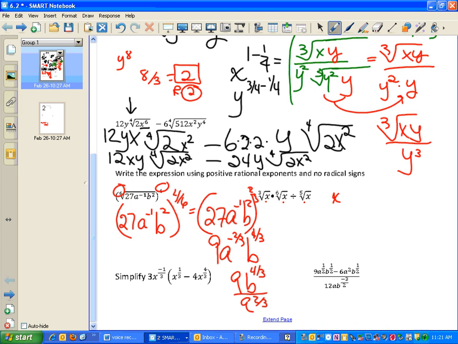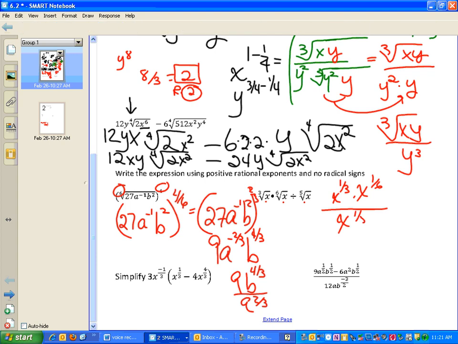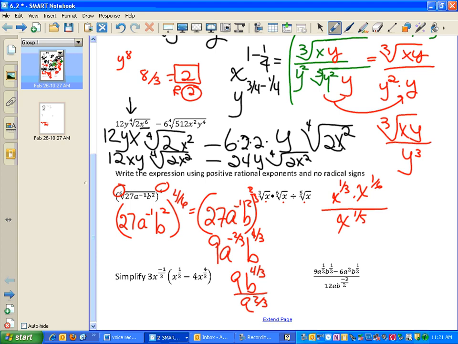This is saying x to the 1/3, x to the 1/6 over x to the... So I'm going to add the top exponents and subtract out the bottom, right? So that's x to the 1/3 plus 1/6 minus 1/5, which I think 30 is your common denominator.